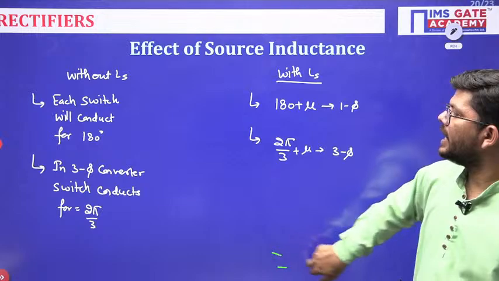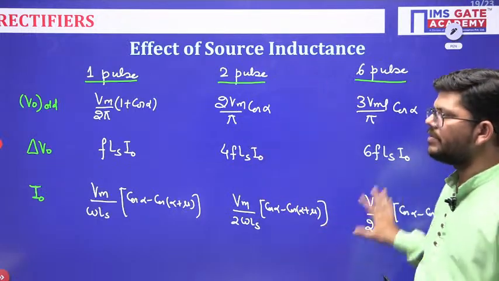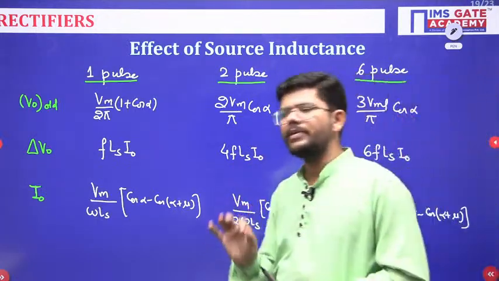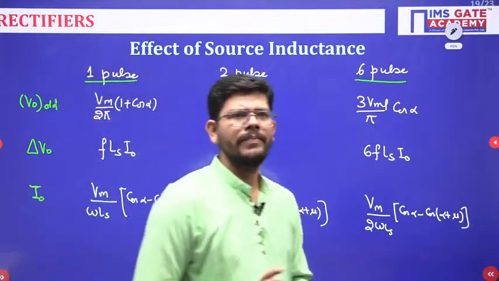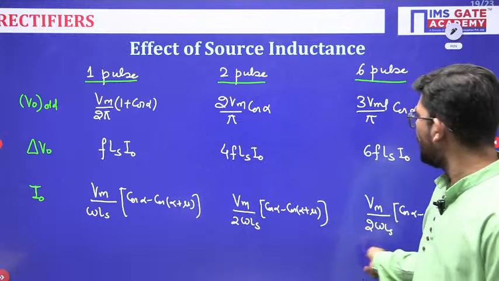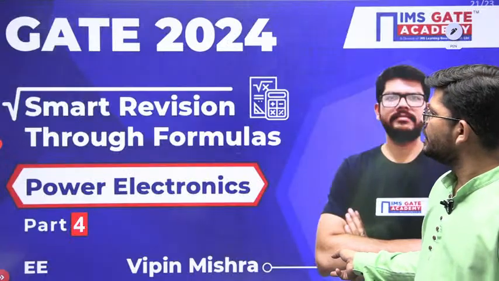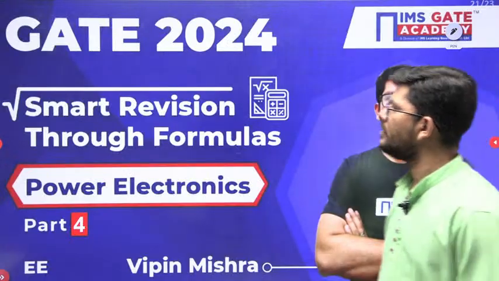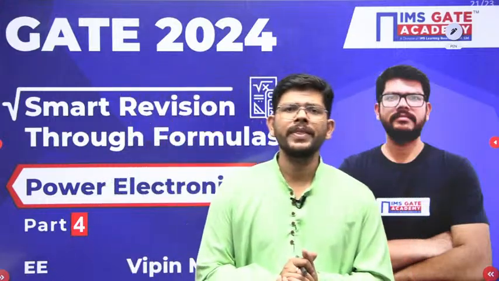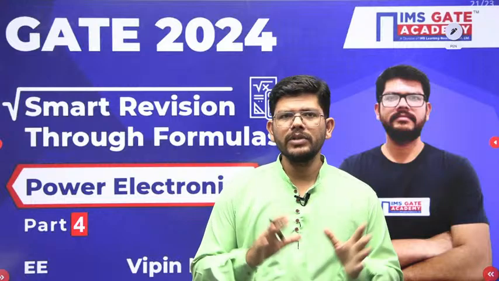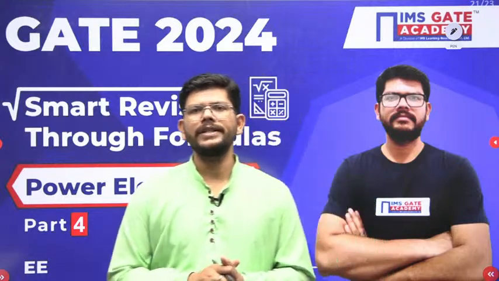Guys, these formulas are very important. If you know the formula, there will be a very easy question on this topic and you will be able to solve that. So we have completed single phase, we have completed rectifiers. This is how the complete revision of power electronics is being done.